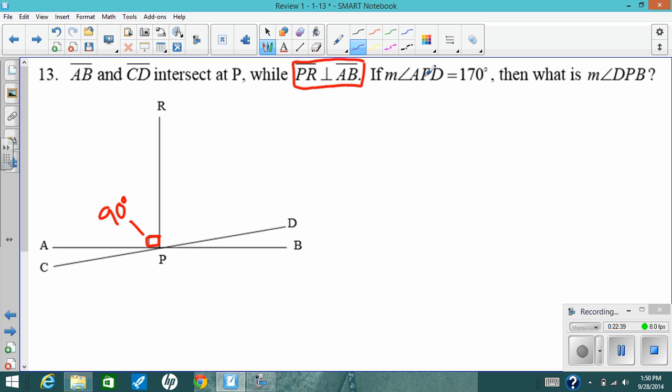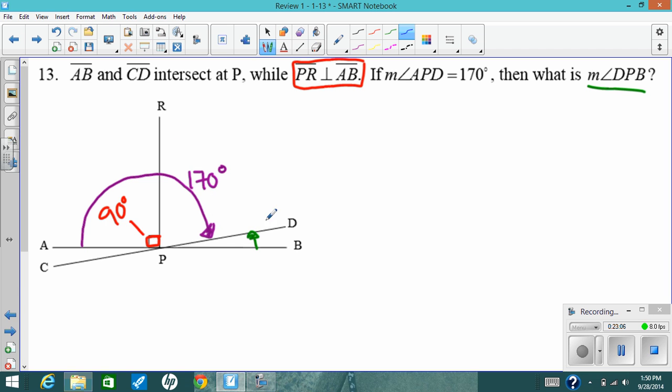And we do know that APD, that angle right there, is 170 degrees. And we're looking for the measure of DPB, which is that angle. So you should be marking up your picture just like this. I think it makes what we want a whole lot clearer.